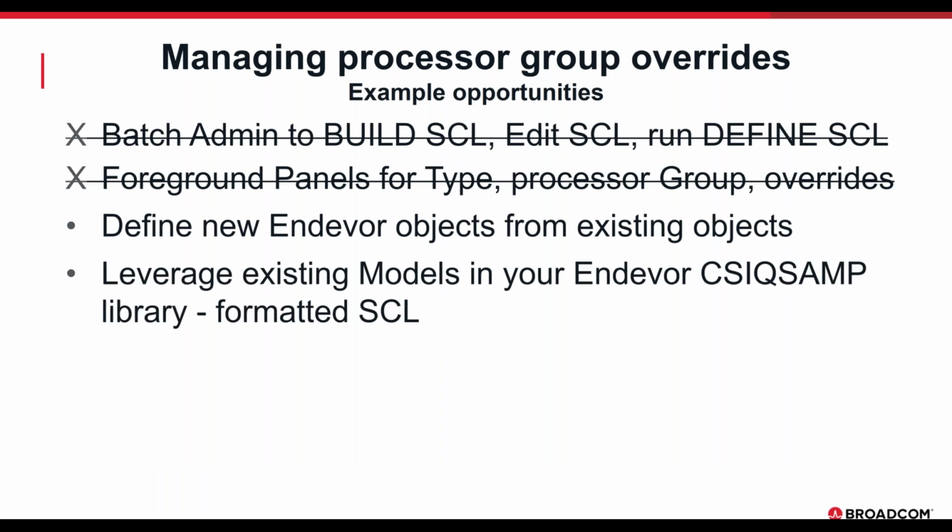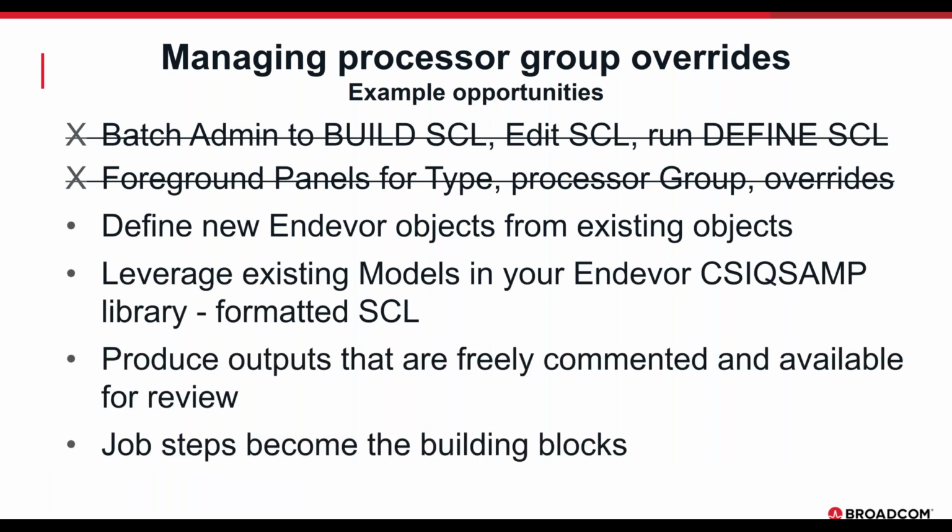Now, where could you go with this example? One of the things that you don't do is the old-fashioned way so often, maybe never, and that's why this first one is crossed out. It used to be that you would run the entire batch administration, do the brain dump from Endevor to get the tens of thousands of lines of output that contain the definitions, including the part that you want to change.